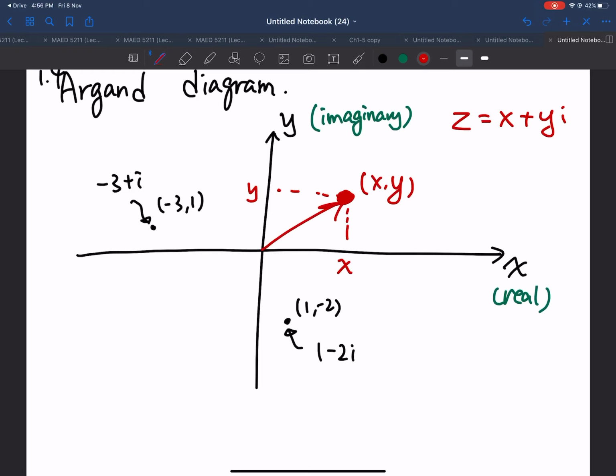In terms of vector, this is what we call a column matrix. Have you learned this form of vector? Yeah, the column matrix here. So a complex number can also represent a vector in the form of it. It should not be difficult.